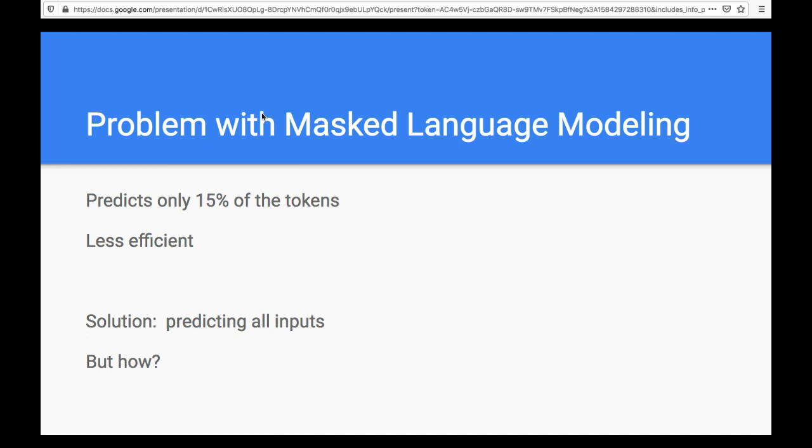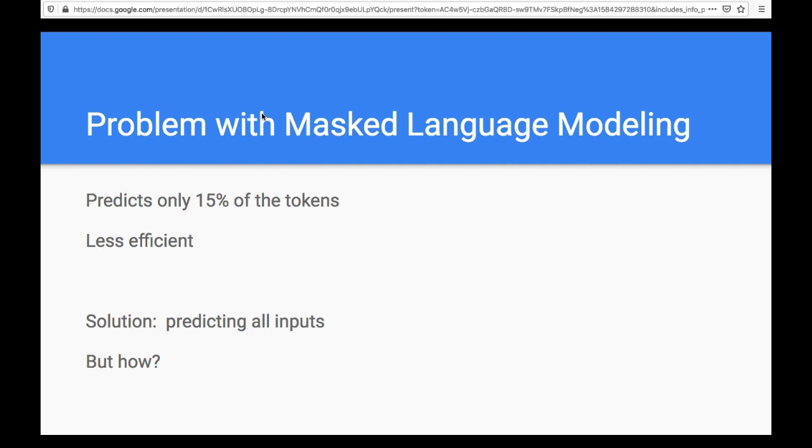For example, if you are an individual researcher, you probably don't have that much money. So how to find a more efficient way to do language modeling is a very important topic in today's NLP. And this paper is in the line of work on finding a more efficient way to do language modeling.